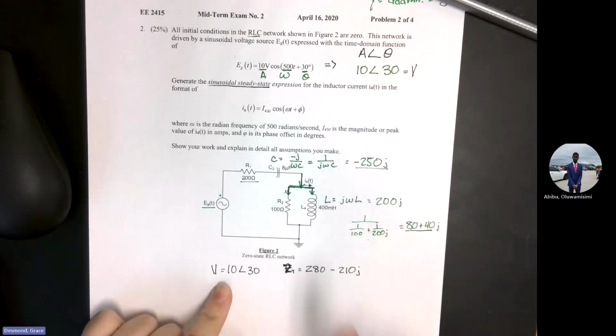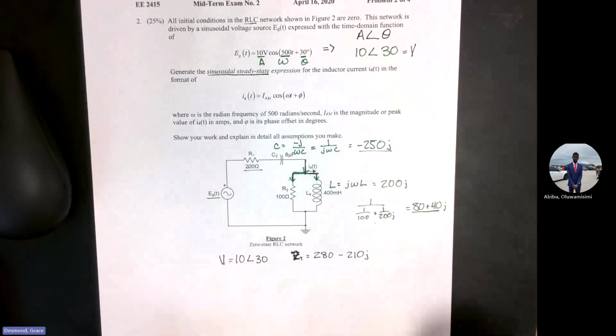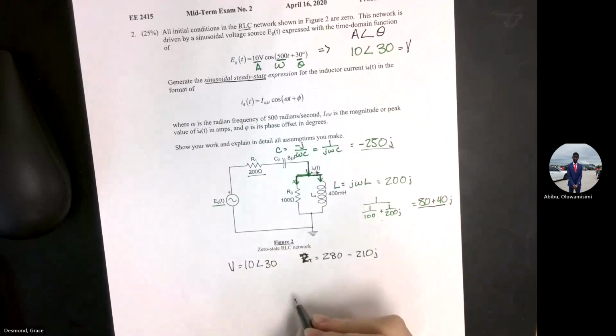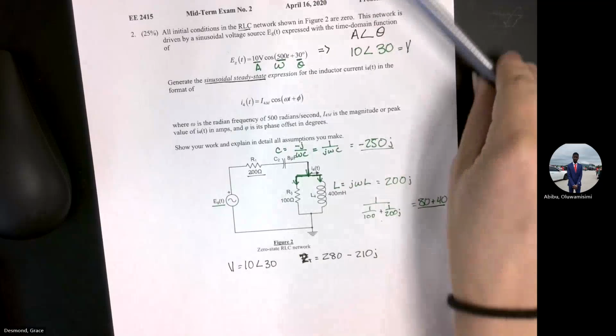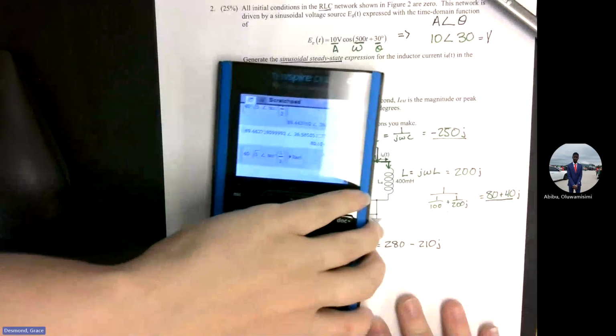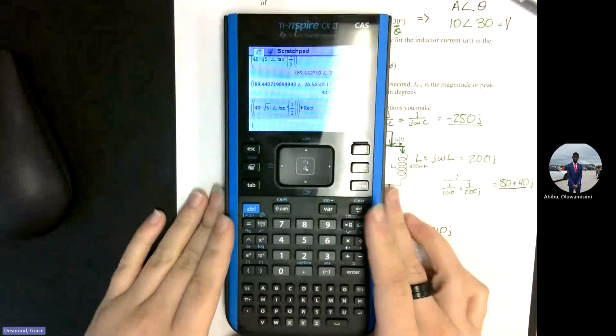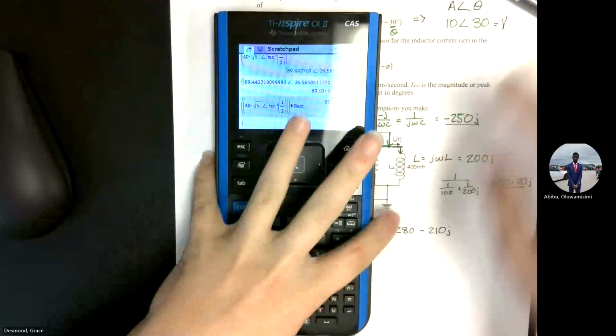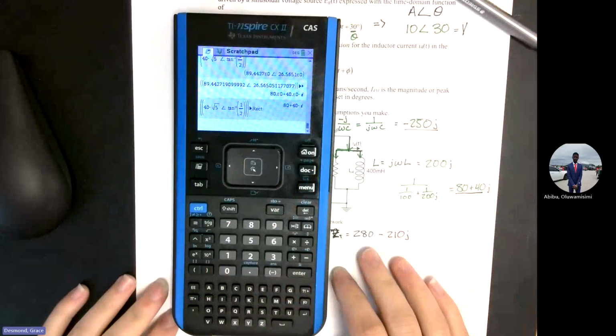So now we have our voltage and we have our impedance. So how do we find the current? Yep. And the other extremely important thing is knowing how to do that phase angle.